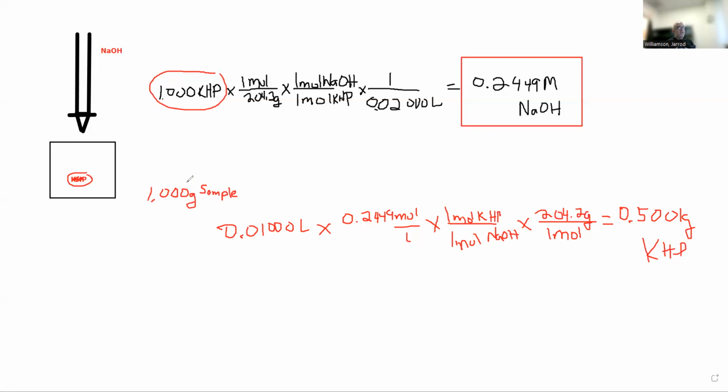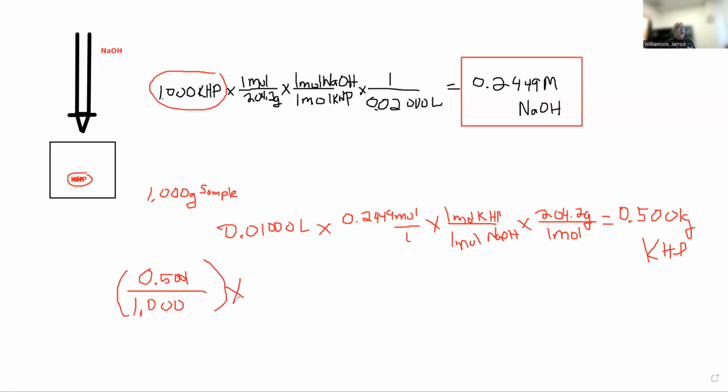That means in this 1 gram sample, I have 0.5001 grams of KHP out of this 1 gram sample of powder.